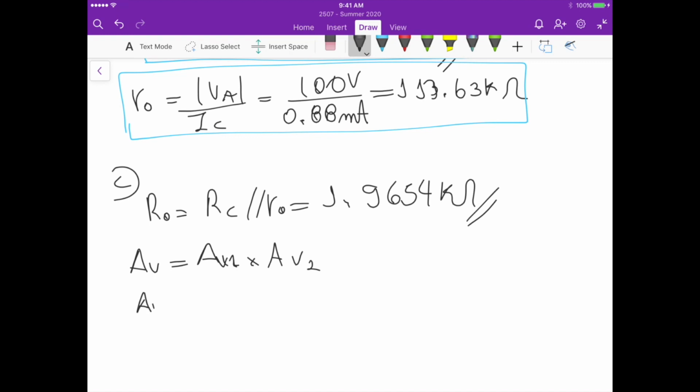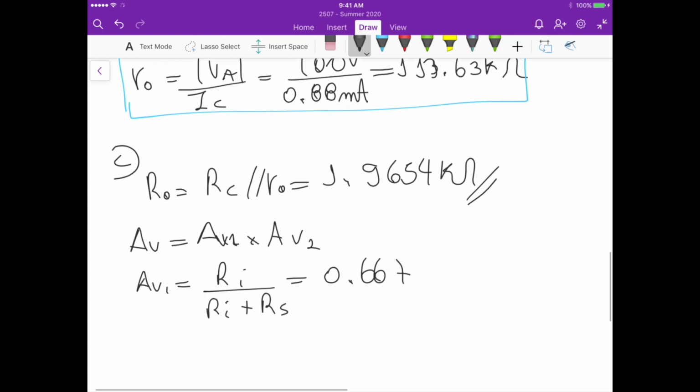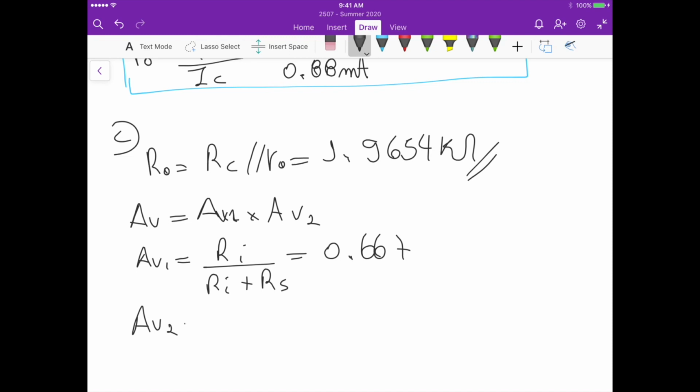So we have AV1 equals Ri divided by Ri plus Rs, which is 0.667. And then AV2 is equal to minus gm times ro in parallel with RL in parallel with RC.